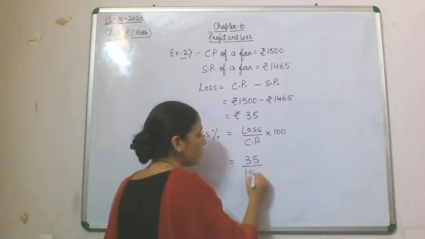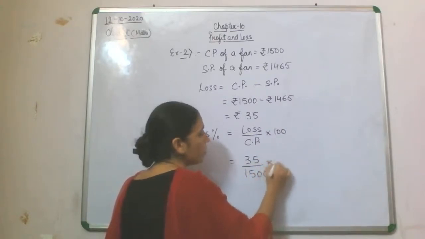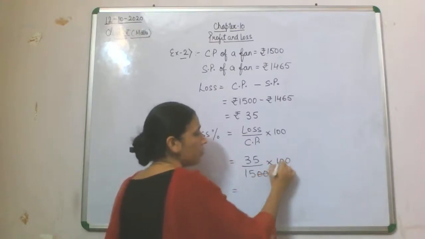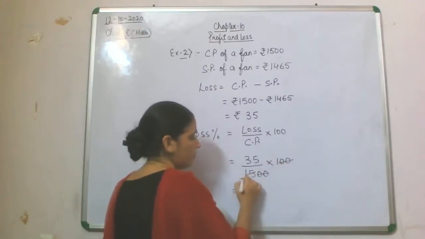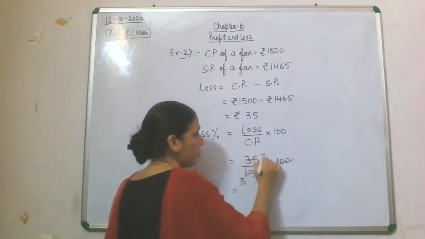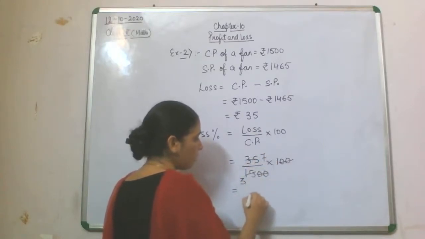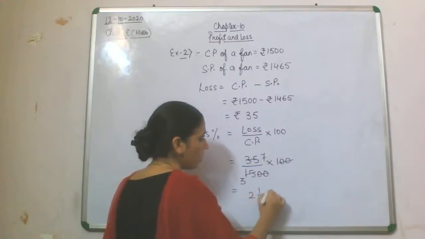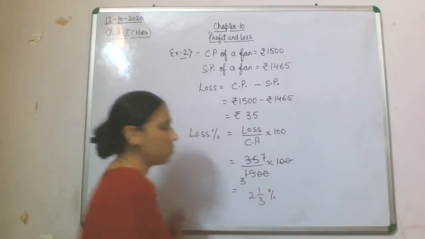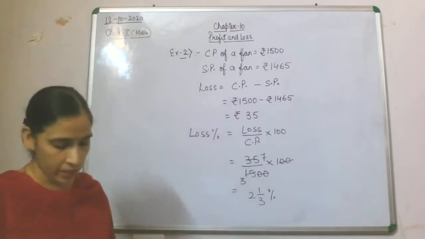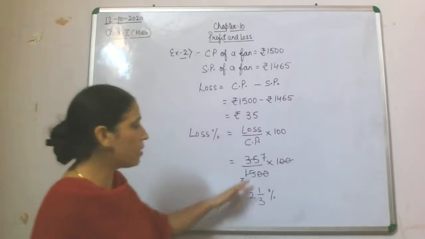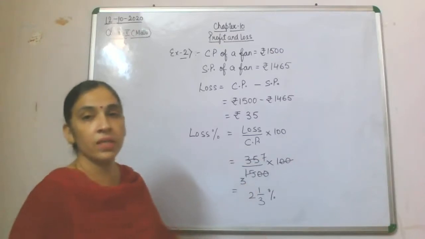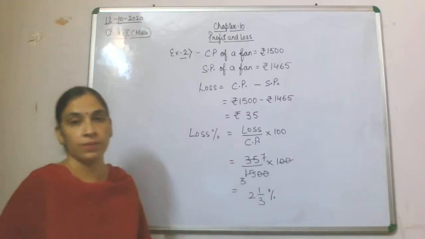Cost price is 1500, multiplied by 100. So that will become 2 1 by 3%. 2 1 by 3%. 7 by 3 was left, and I have written it in mixed fraction.